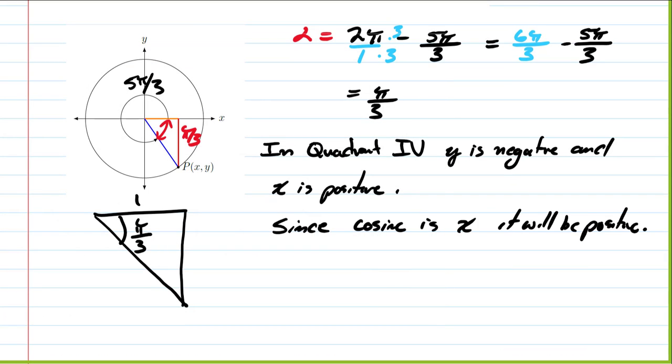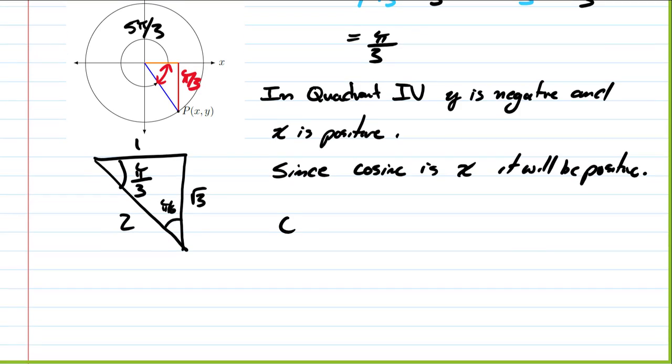So 1, that's going to be pi over 6, that's going to be square root of 3, and the hypotenuse is 2. So then cosine of 5 pi over 3 is going to be equal to the value from our reference triangle. And since cosine is x, we know it's going to be positive, and cosine is adjacent over hypotenuse, so we get 1/2.